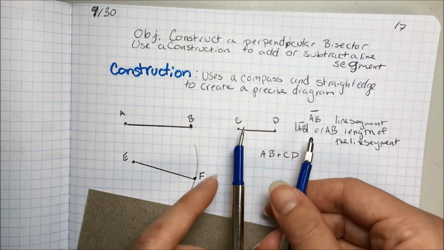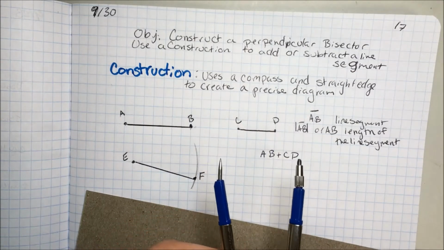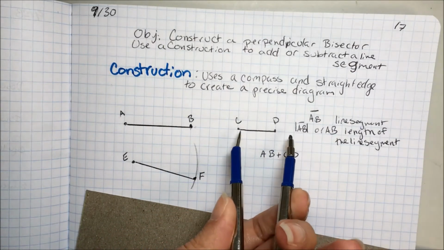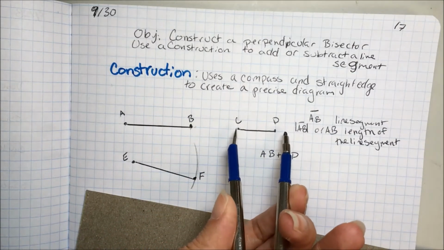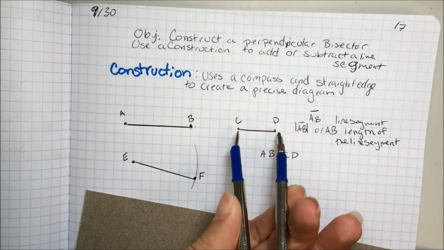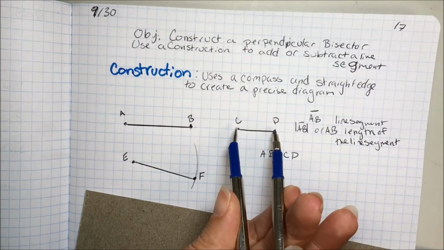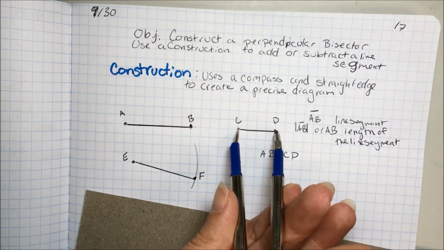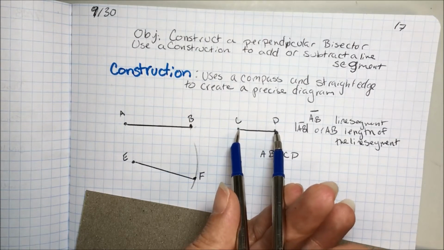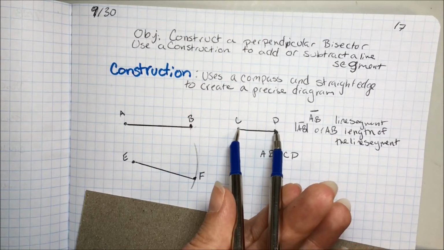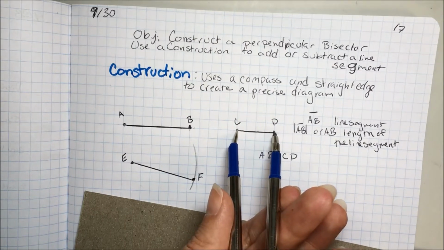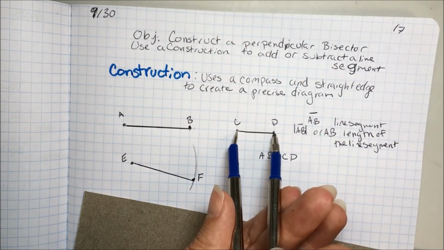Well, I'd again measure from C to D, carefully putting that on, making sure it's quite exact. That looks right. A little bit more maybe.